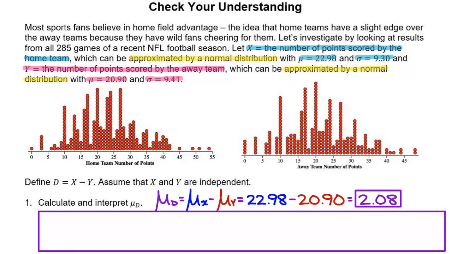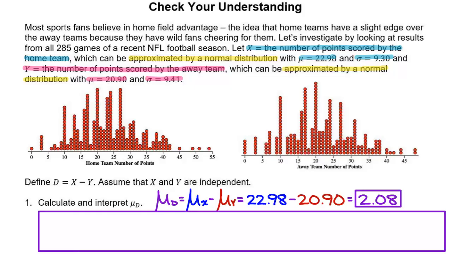How would you interpret this? There's a 2.08 increase in points for the home team? Yes, we need a little bit more, but yes, what you said so far is not wrong. This is not always true, right? It's not always true that the home team scores 2.08 points more than the away team.